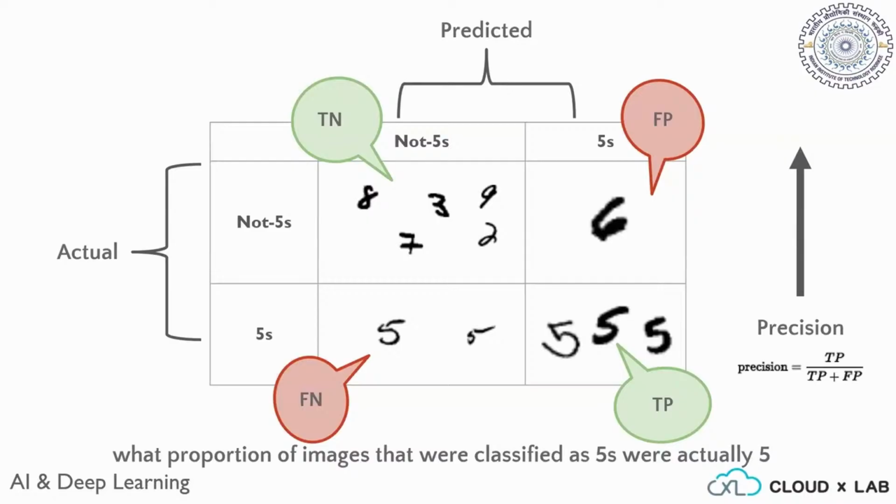No, so here we are calculating precision for the model. Whenever the model is predicting a yes answer or true answer, or in this case the digit 5 answer, then what are the chances that the model is correct?